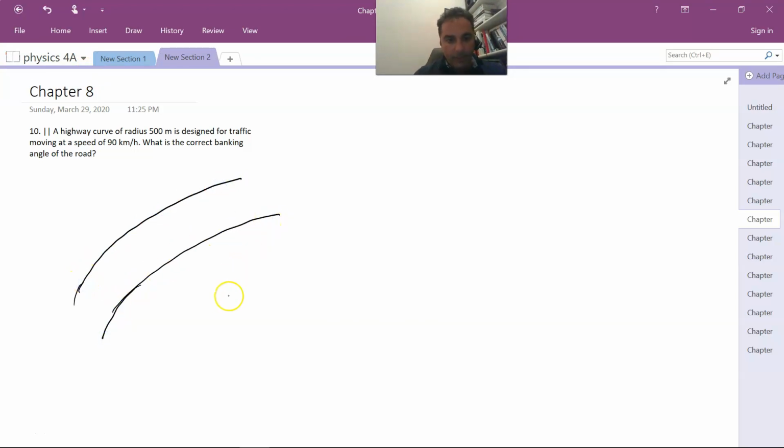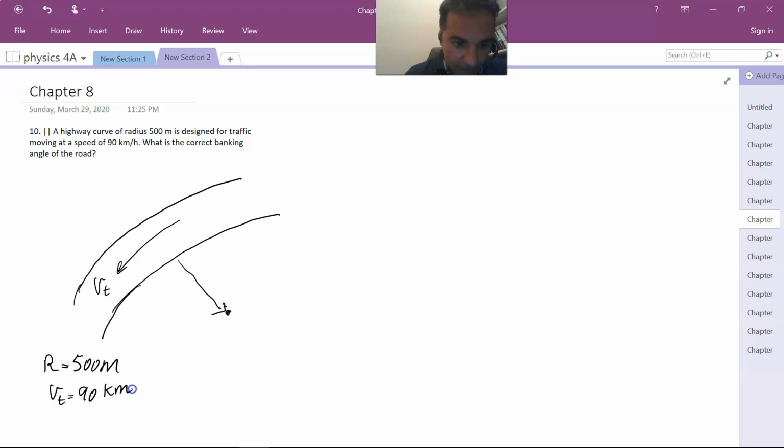Of course it has the center, so radius is 500 meters. It is designed for traffic moving at a speed of 90 kilometers per hour. So that speed is 90 kilometers per hour.